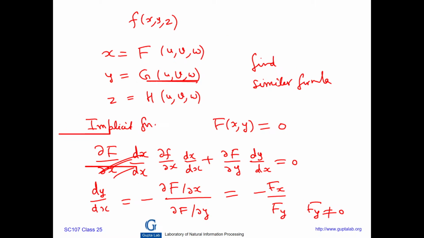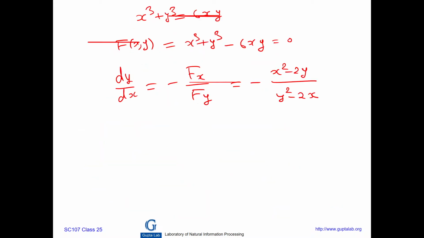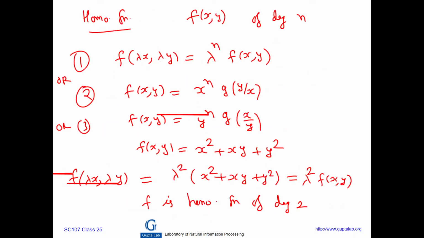Okay. So if there is an implicit function f of x y equal to 0, then dy by dx is minus del f over del x divided by del f over del y. That's a simple formula. Okay, then we talked about homogeneous functions. For example, a function like x square plus x y plus y square.